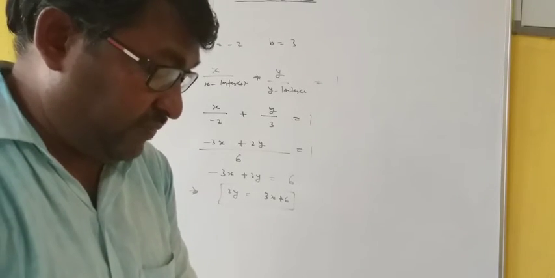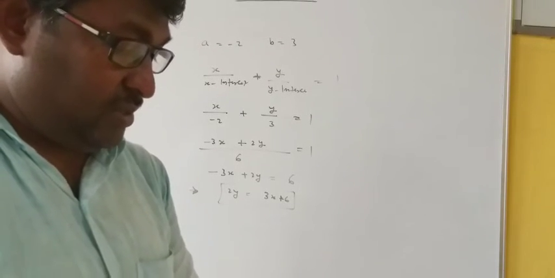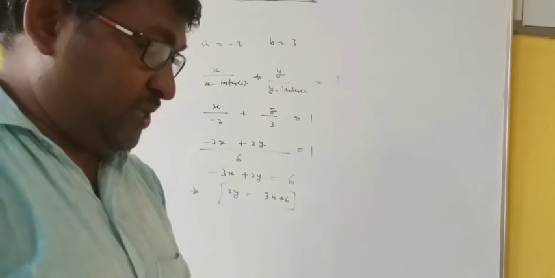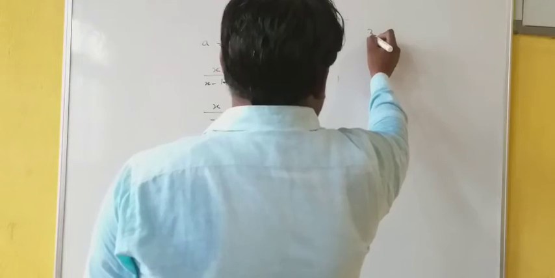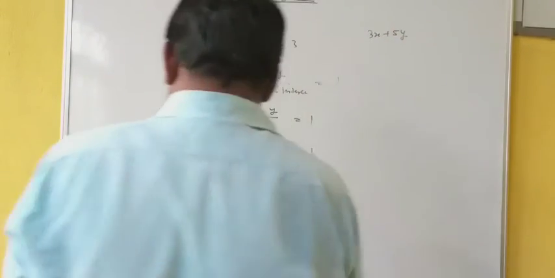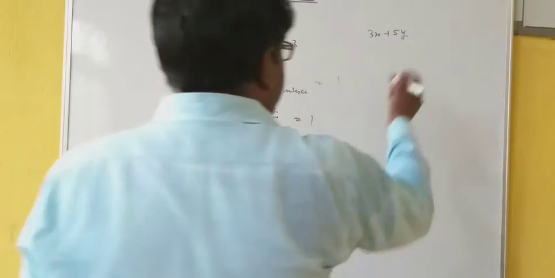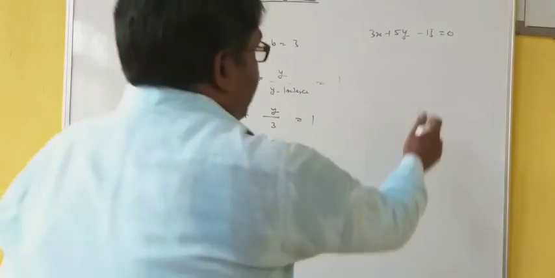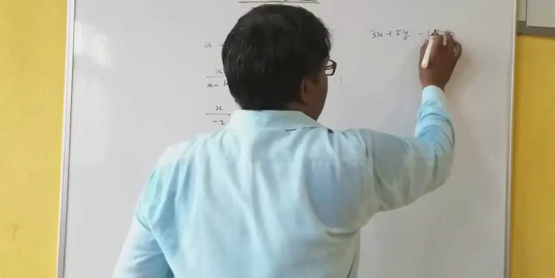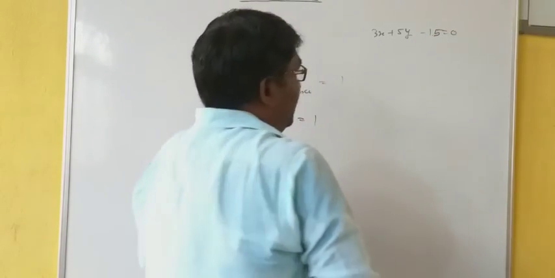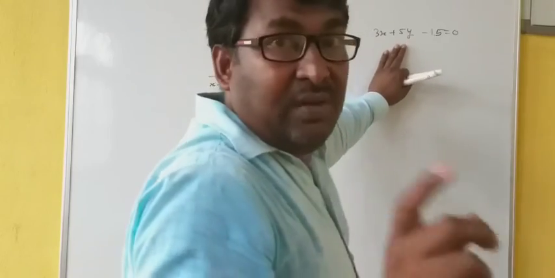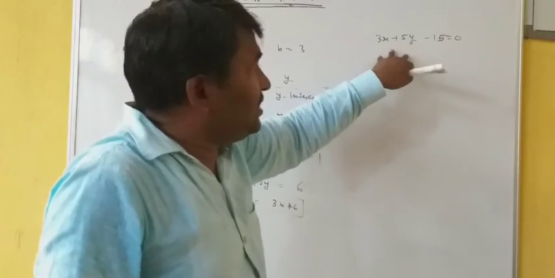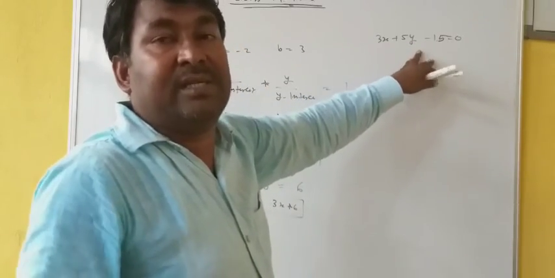Now, if you are given the equation of a line, then how can you find the intercepts cut by that line on the x and y axes? 3x plus 5y minus 15 is equal to 0. Suppose this is the equation of a line given. Here the equation of a line is given. You have to calculate the intercepts cut by this line on the x and y axes.